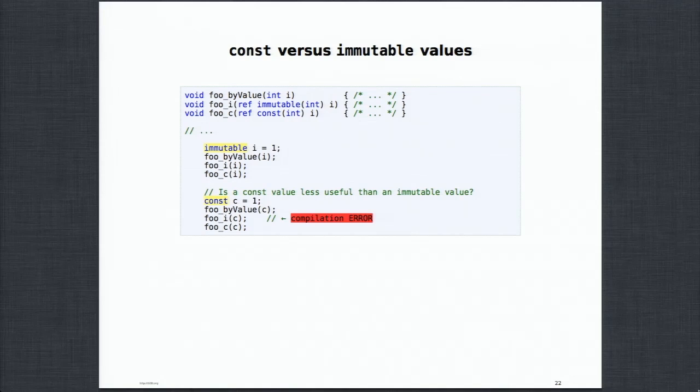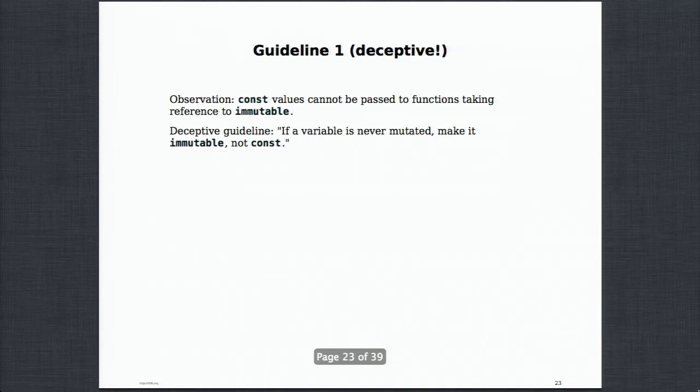So const looks like a less useful type qualifier for a local variable. Okay, then I'll go with immutable. So here's my guideline, and I say this is deceptive at this point because there will be other issues later. If a variable is never mutated, make it immutable, not const, because it'll be more useful in the future for you.